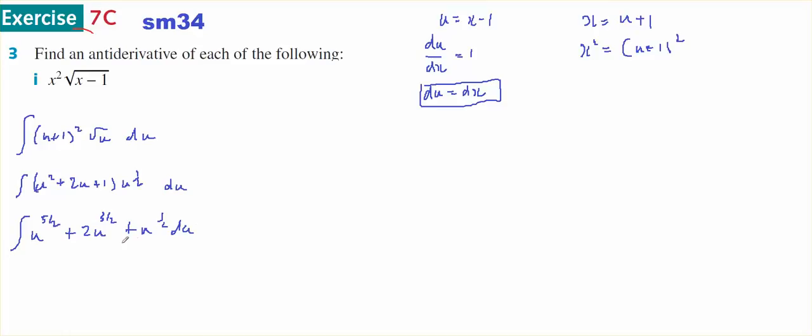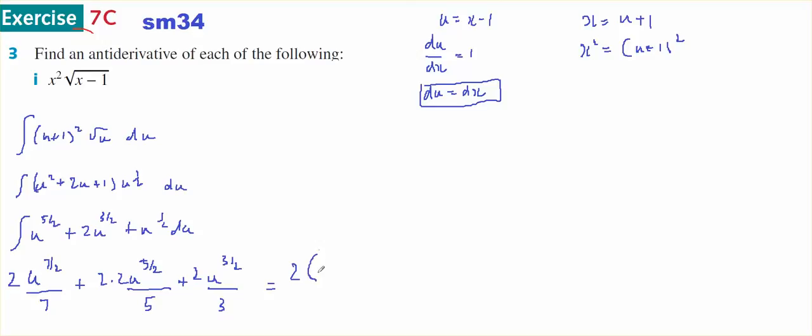And now I can integrate each of these separately to give me u to the 7 on 2 on 7 divided by 2, so the 2 comes up top. 2 times u to the 5 on 2 divided by 5, and the 2 can come up top, plus u to the half, so 3 on 2 over 3, and the 2 will come up top.